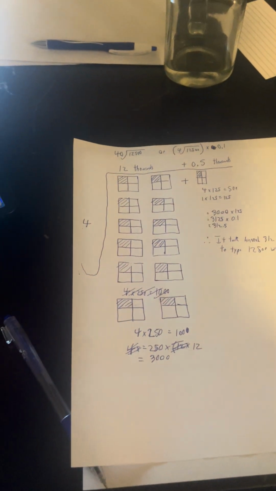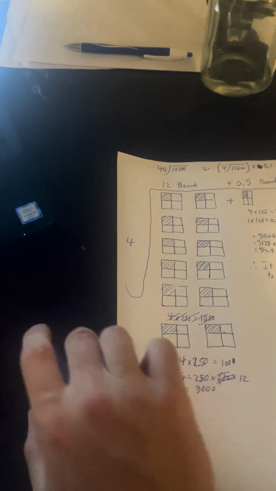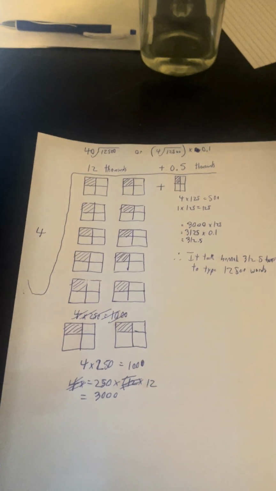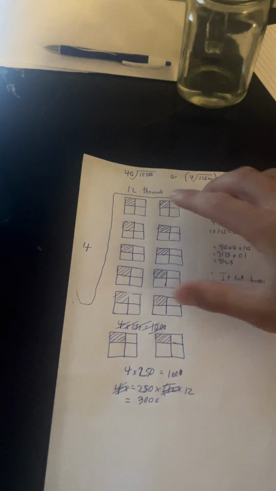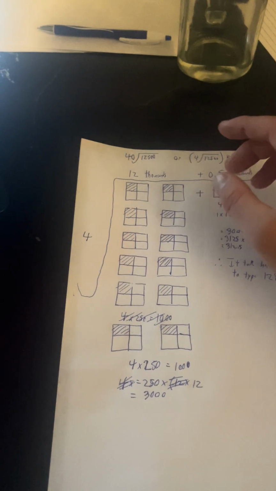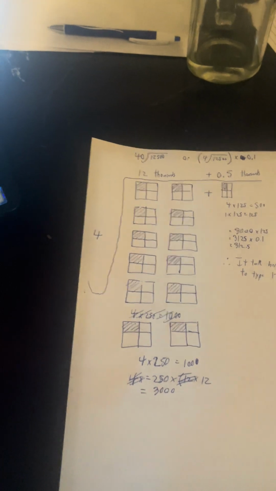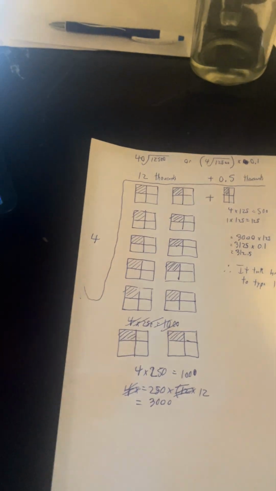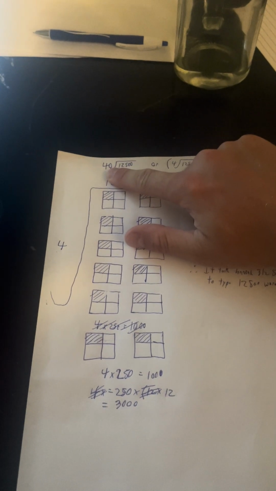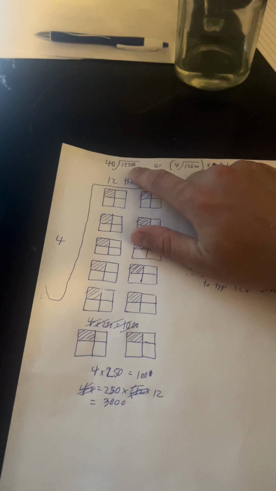So the second method we used is a manipulative with blocks. These larger blocks equate to thousands. I didn't want to write out each singular dot, so I just made them 1,000 blocks. We're trying to find out how many times 40 goes into 12,500.